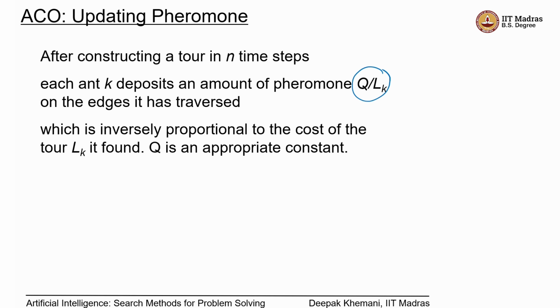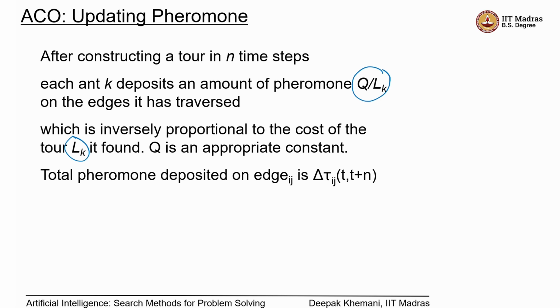So Lk stands for the length of the tour found by the kth ant, on the edges that it has traversed. So it deposits the same amount of pheromone on every edge that it has traveled, and the amount is dependent on the size of the tour it has found. So it is inversely proportional to the cost of the tour Lk, which is found by that ant. And Q is some appropriate constant that we will use.